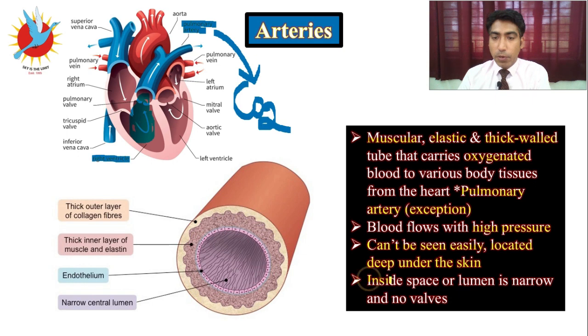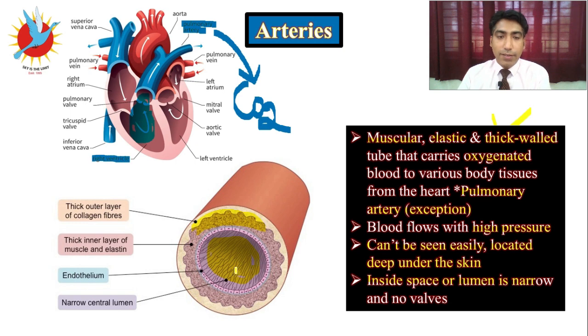Next point, the inside space, or lumen, is very narrow. This is the inside space which is called the lumen, through which the blood flows. And why is the lumen narrow as compared to the veins? Because the wall of an artery is very thick. Due to the thick wall, the inside space, which is the lumen, automatically decreases.